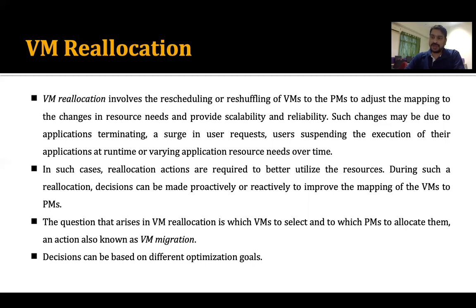Some more RAM, some more memory, and some more CPU cores will be allocated. At that time, we need to reallocate the virtual machine into the physical machine. That is also a case where we have to work reactively.